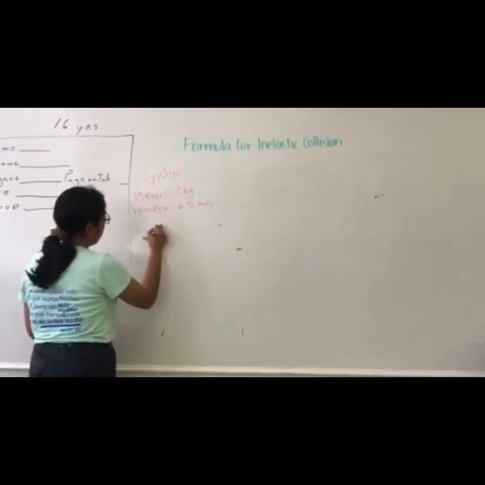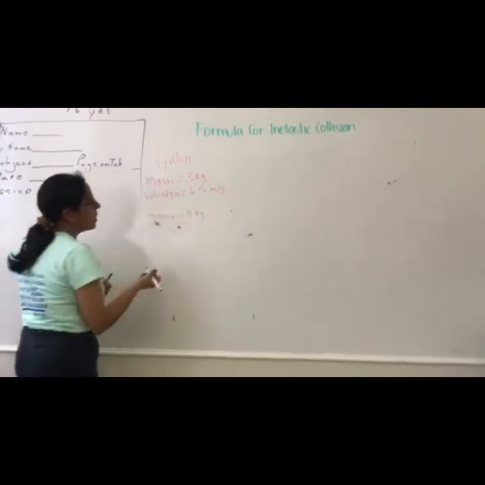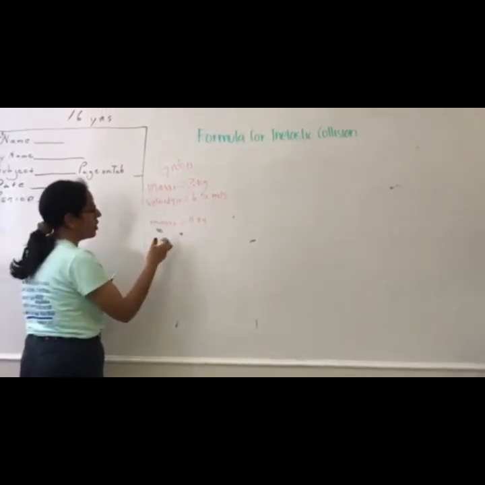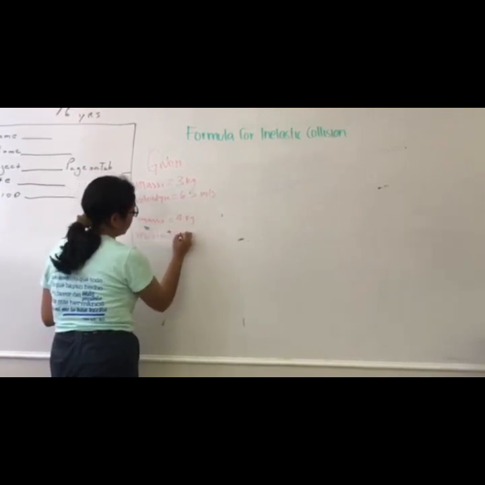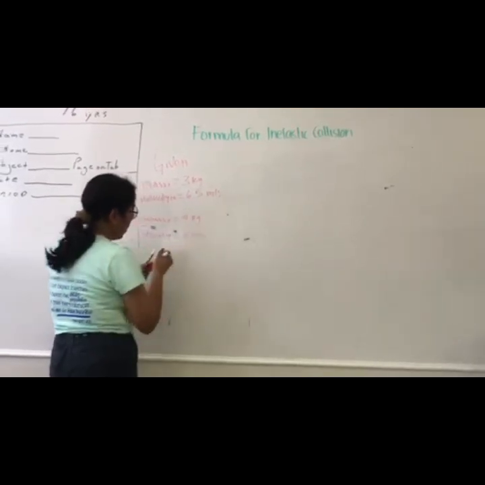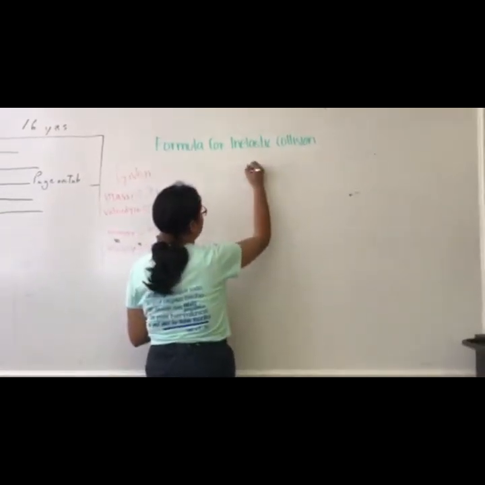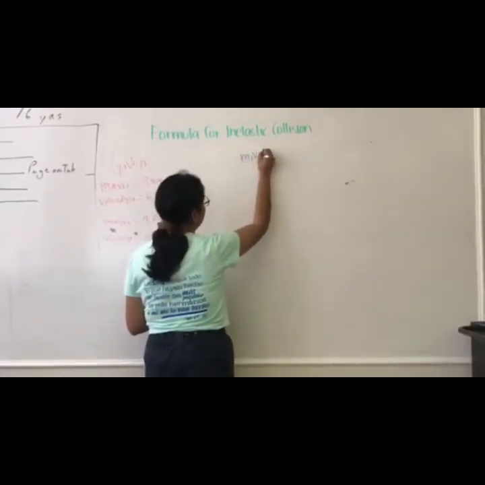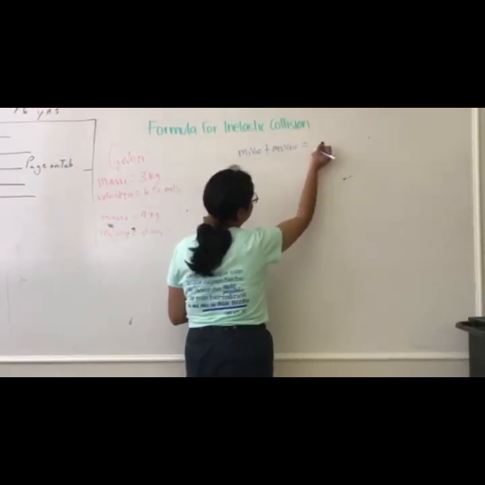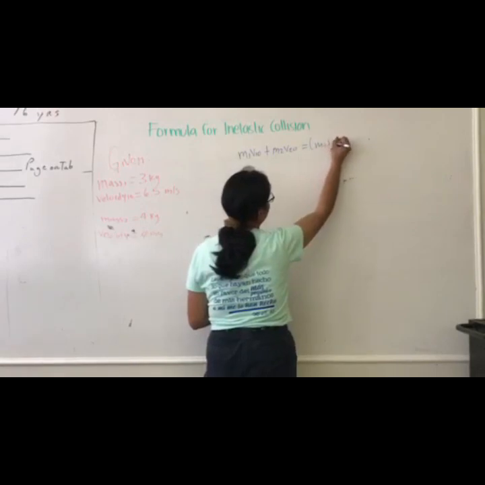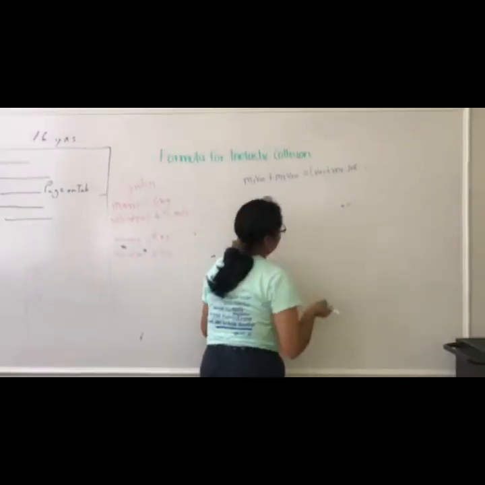The second mass is 4 kilograms, and the problem says this mass is stationary, so the velocity of this object is 0. I already gave you the formula for inelastic collisions: m1 v1 naught plus m2 v2 naught equals m1 plus m2 times v final.